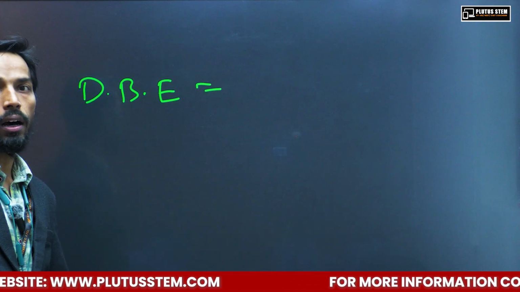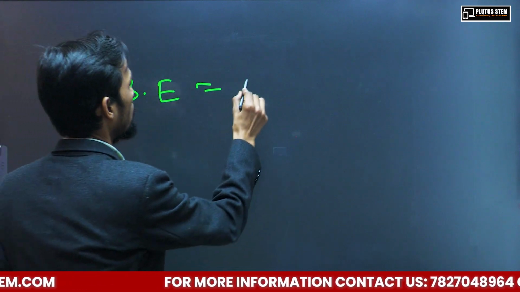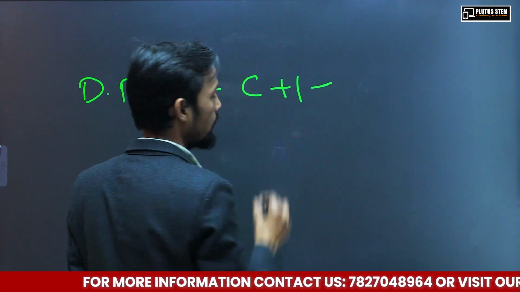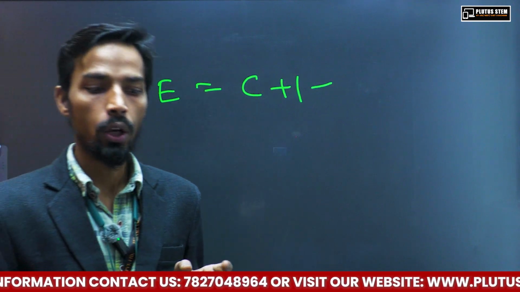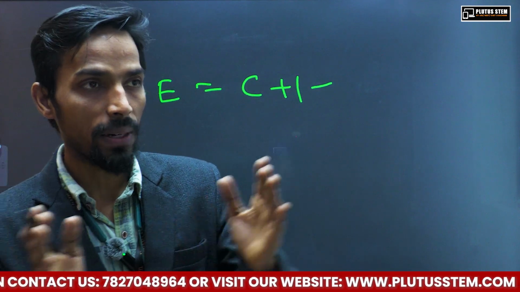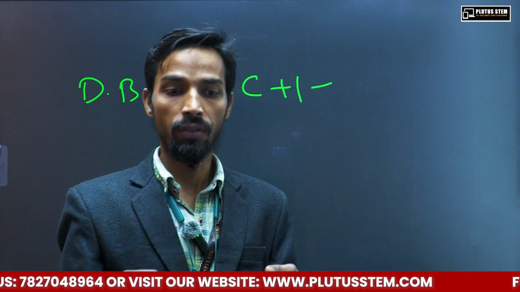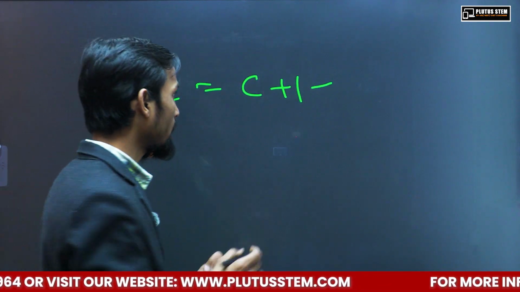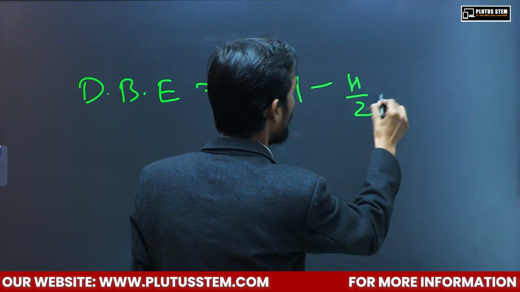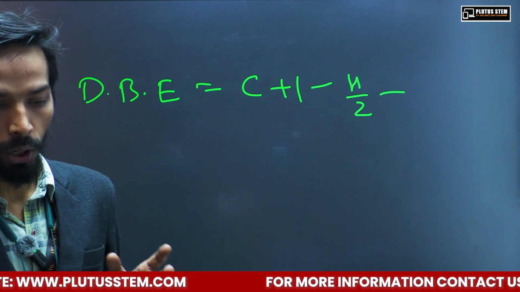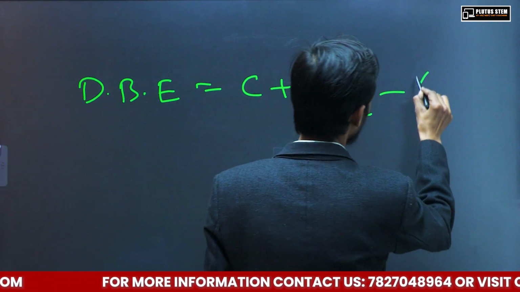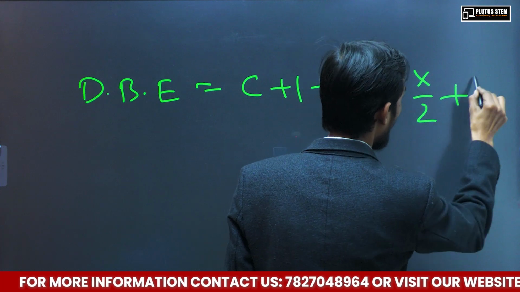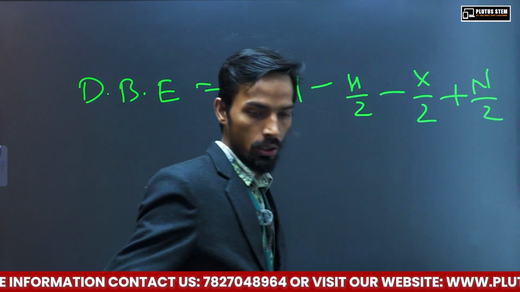The formula to calculate DBE is the number of carbon plus 1. If you want to calculate DBE for any compound, we see the number of carbons in the molecular formula of that compound, add 1, then subtract the number of hydrogen divided by 2, subtract the number of halogen divided by 2, and add the number of nitrogen divided by 2.